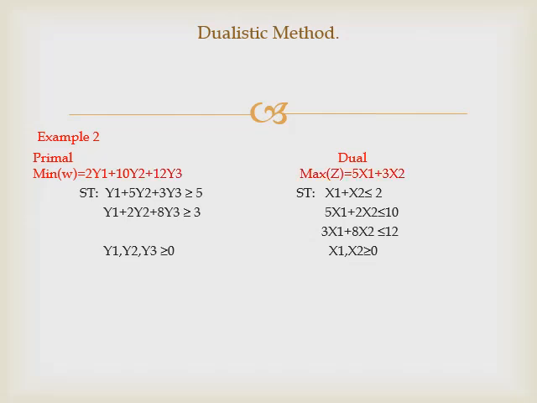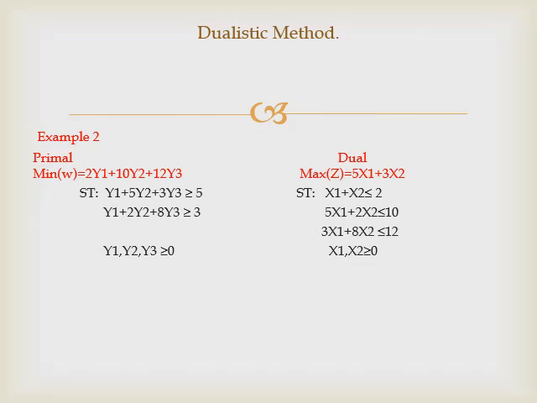The number of variables of the dual should equal the number of constraints of the primal. The primal gives 2 constraints, then the dual will consist of 2 variables. It will be x1 and x2.